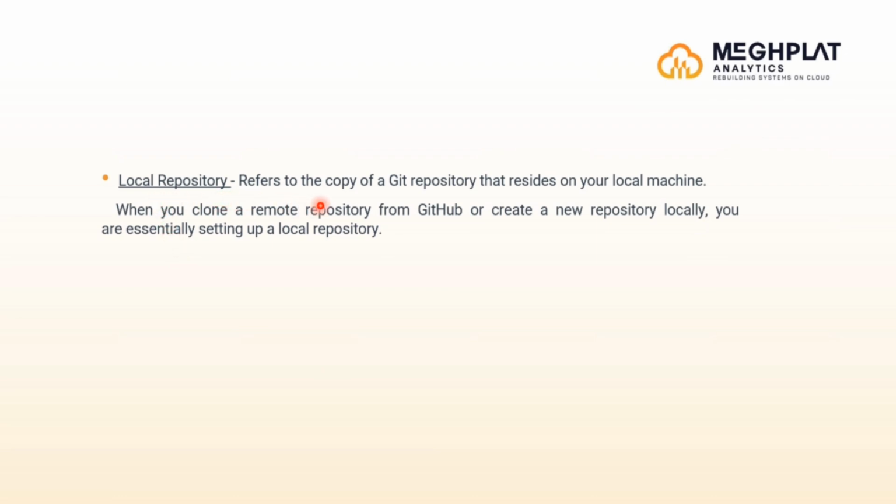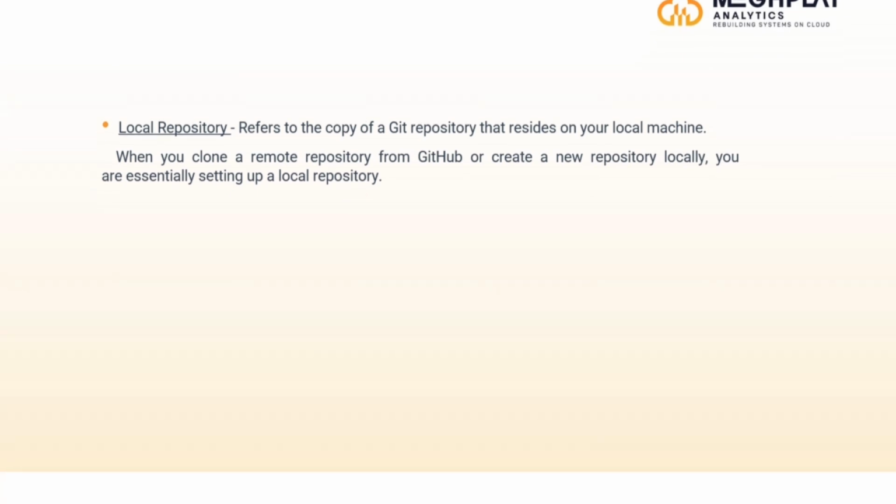Local repository refers to the copy of a Git repository that resides on our local machine. When we clone a remote repository from GitHub or create a new repository locally, we are essentially setting up a local repository. These are all the terms we need to know for now. Let me explain and brief it in coming videos, in the next slide.